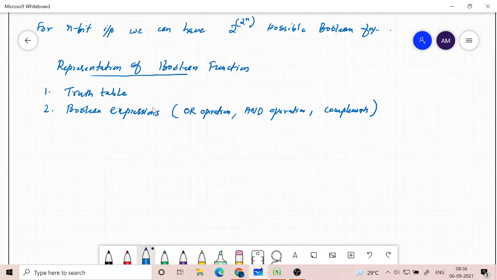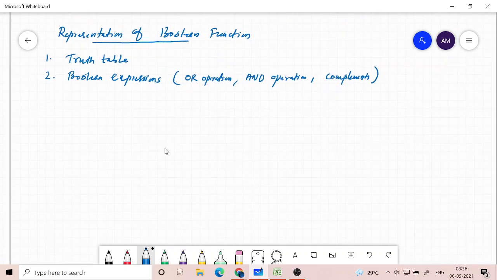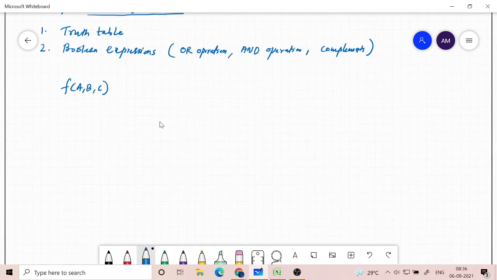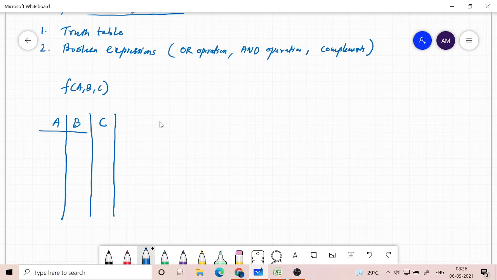So first we will start with the truth table. We will consider some random function, say f of a, b, c. That is a 3 variable input, and we will take one particular function out of all the 256 possible functions. If I write it in terms of a truth table, then a, b, c are the inputs, and the inputs can take all different possibilities.